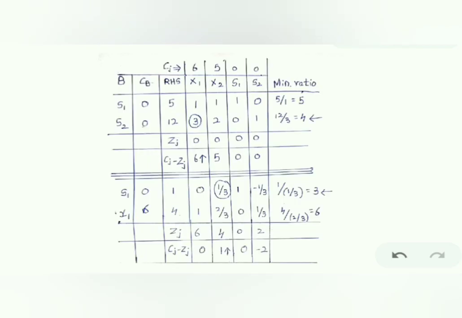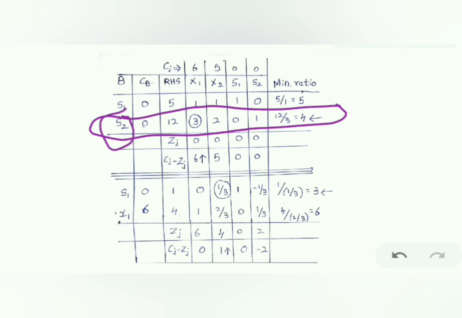So what we found out was this was the pivot row. Why are we calculating the pivot row? To know who is going to leave. This S2 is going to leave, and who is going to enter? For that we calculated the pivot column.